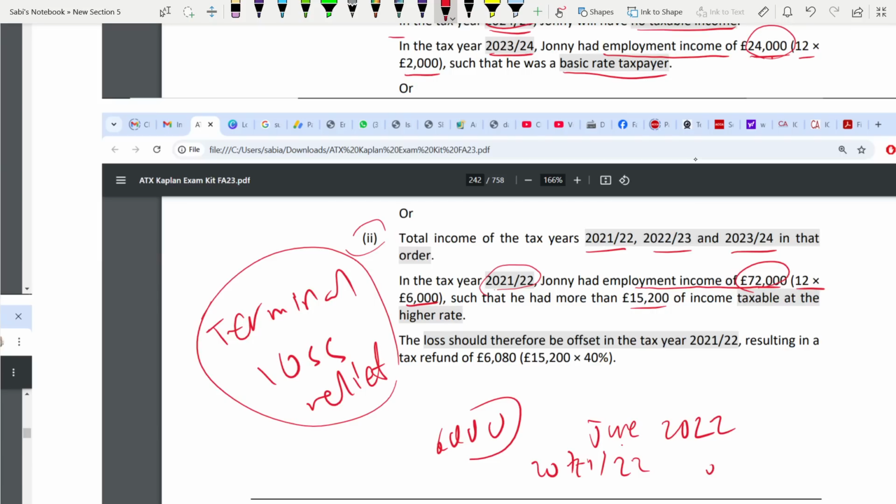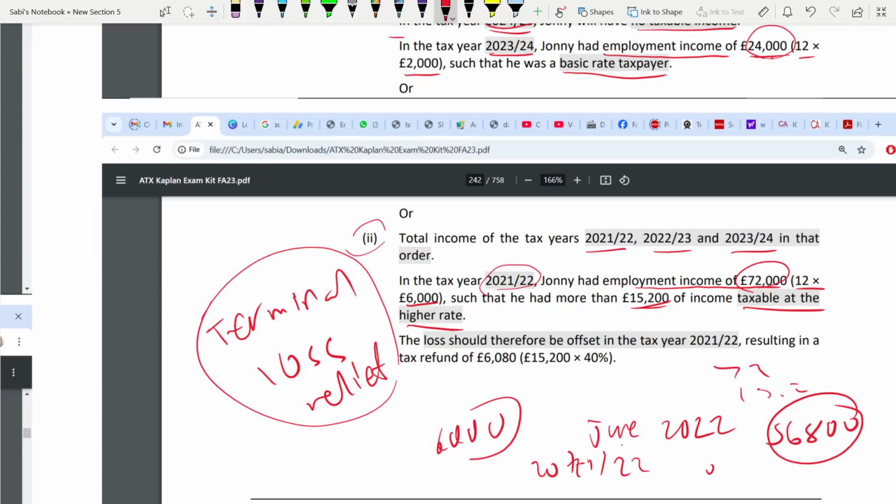So 72 minus 15.2. Even after reducing this 15,200, some of his income will still be taxable at a higher rate. Income is still 56,800, which is higher rate. So some at basic rate, some will be taxed at higher rate.